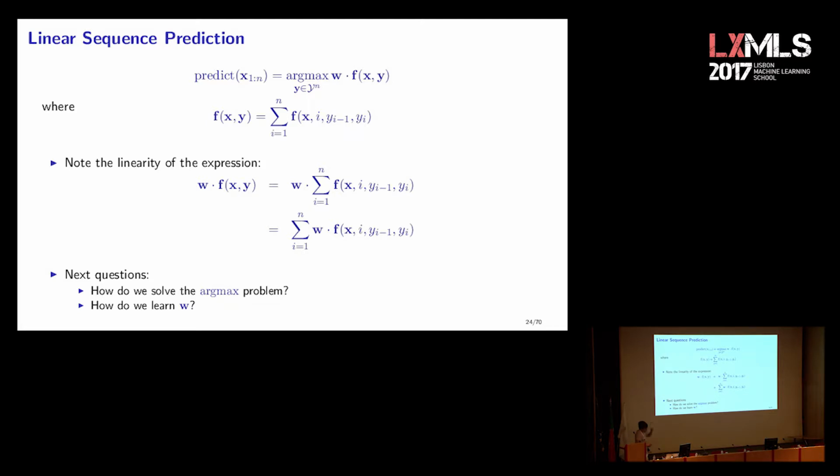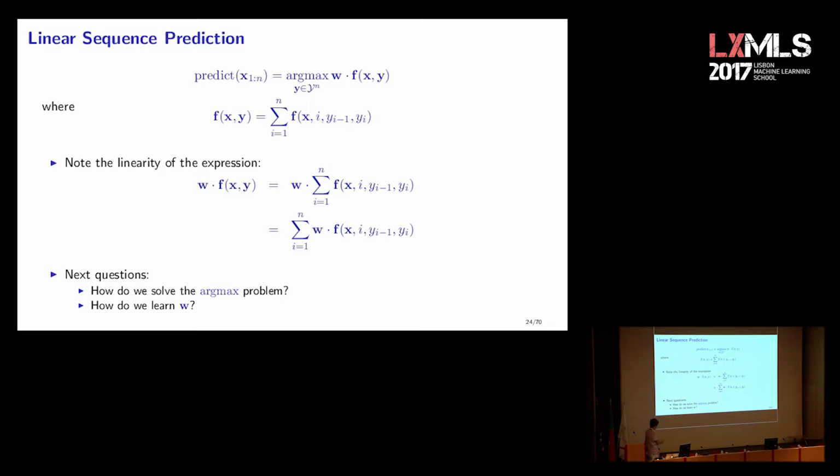So this is the form of the prediction, and there are two questions. The first is: you told me all that, but we still have exponentially many possible solutions. For this to be tractable to compute, you need to show me how, given an input, you select the best sequence.